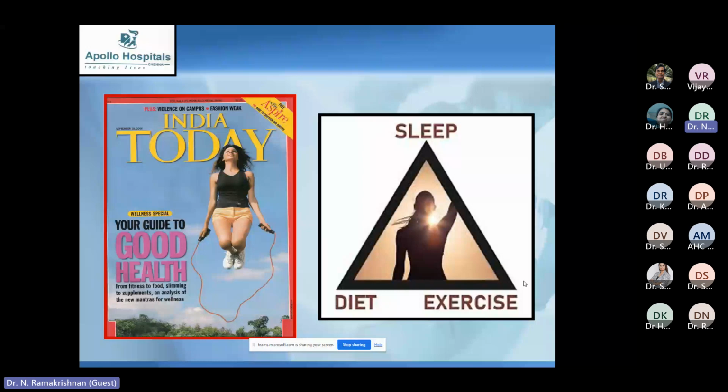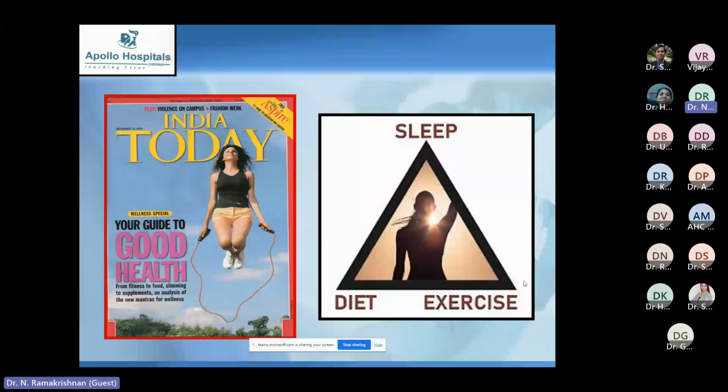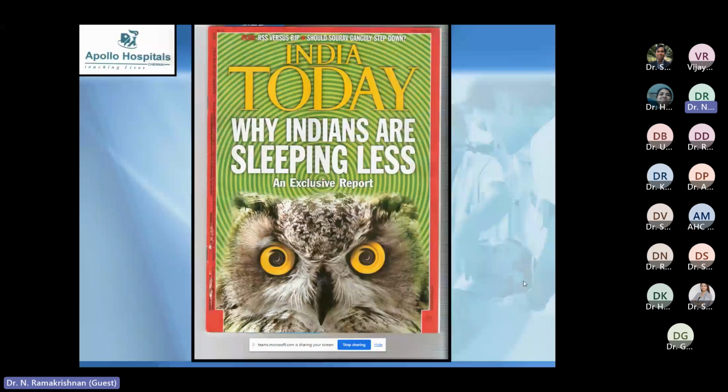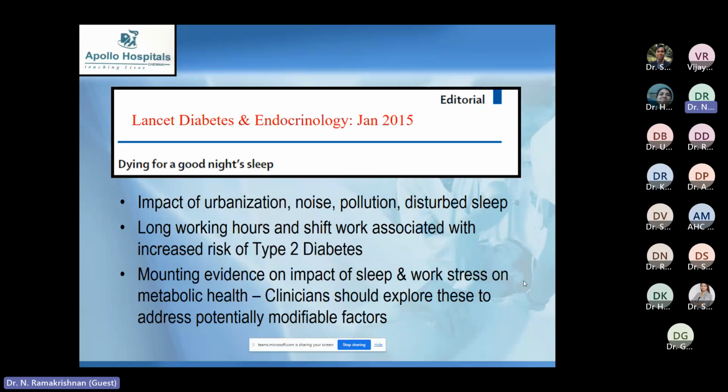Now, interestingly, there is more and more awareness being created in the media about wellness, and we talk about the triad of sleep, diet, and exercise, but clearly there's a lot of information available in the print media and the digital media on sleep.